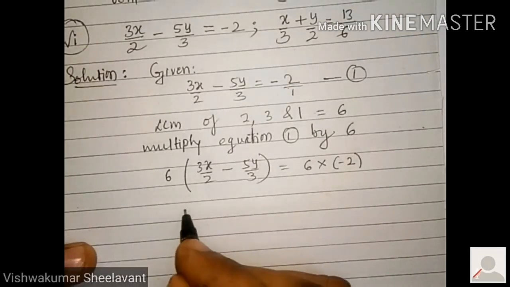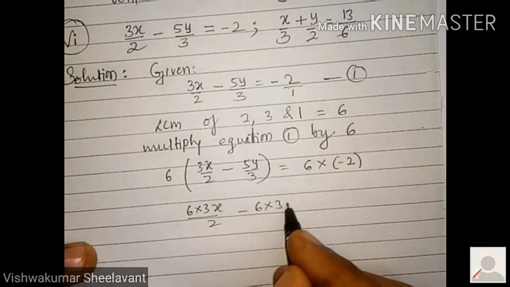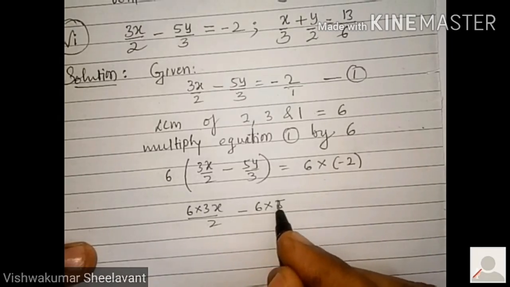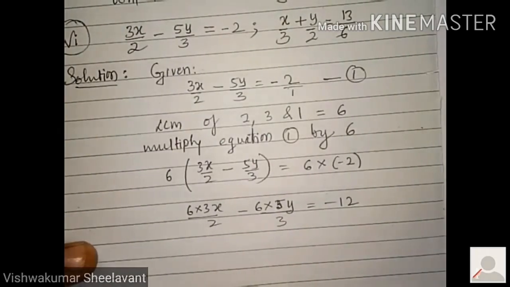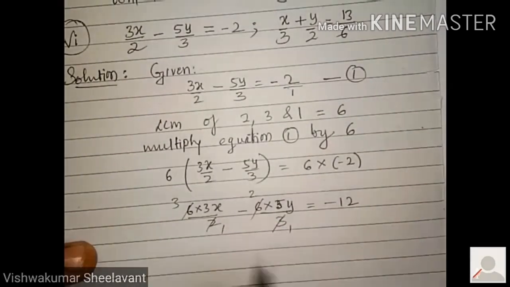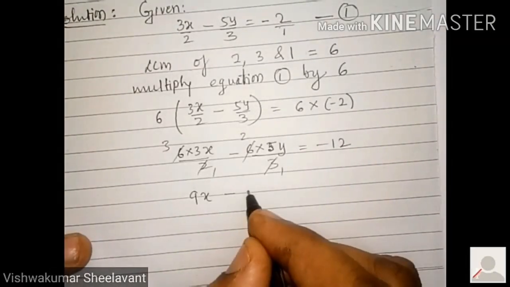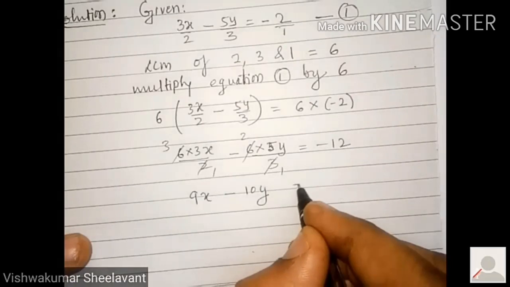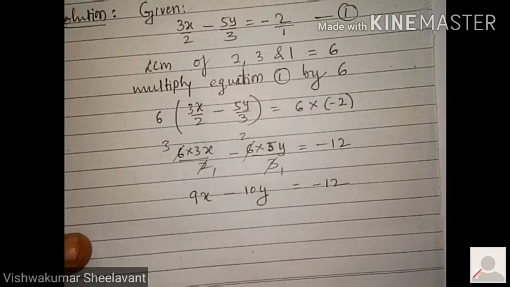Now 6 into 3x upon 2 minus 6 into 5y upon 3 equal to minus 12. 3 1s are 3, 2s are 2, 1s are 2, 3s are 10. You will get 9x minus 10y equal to minus 12.